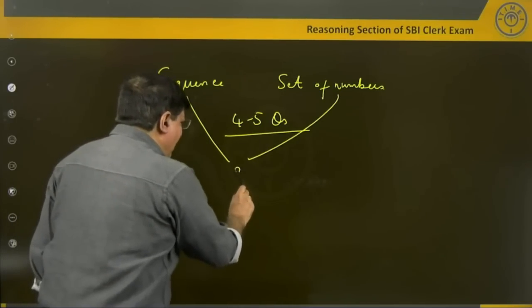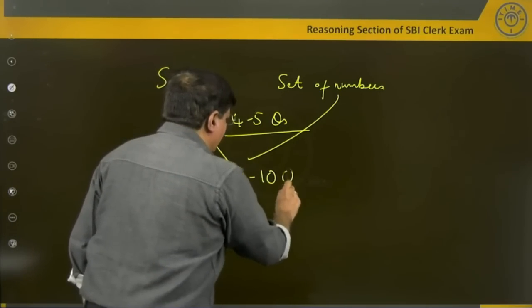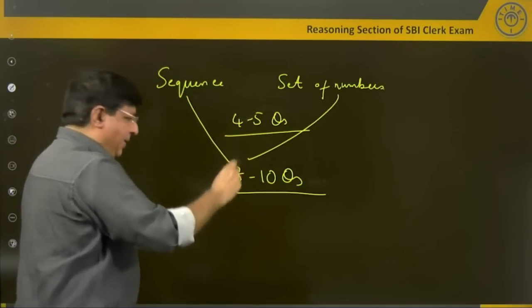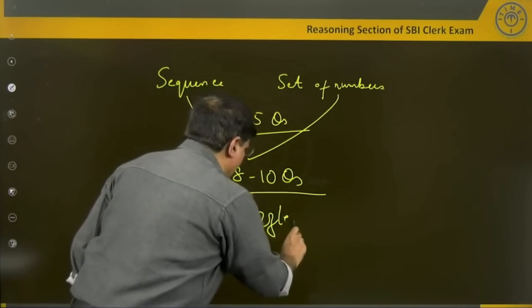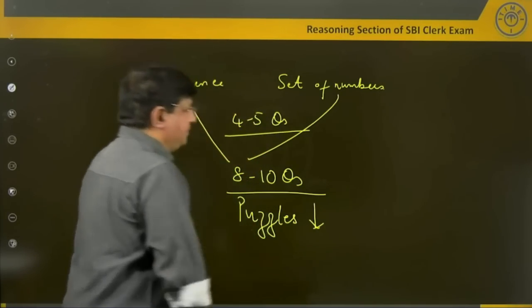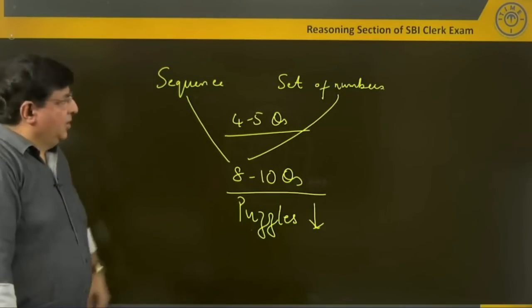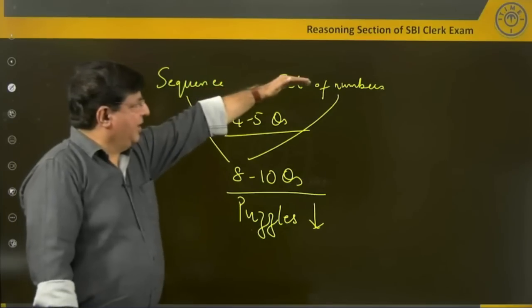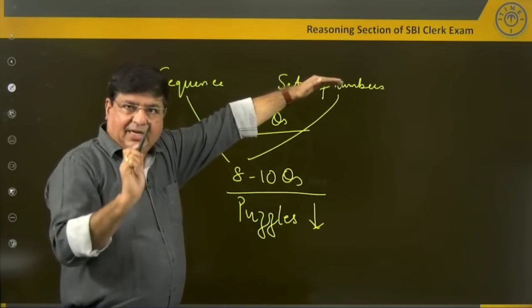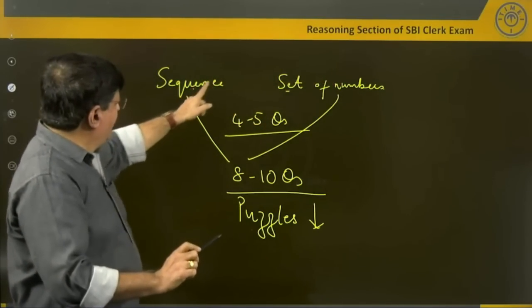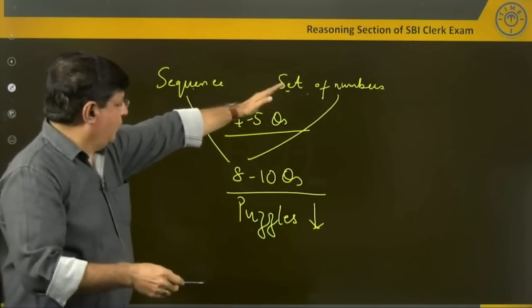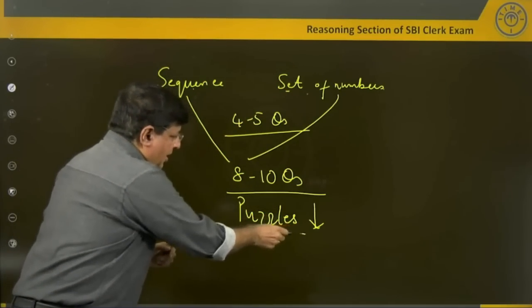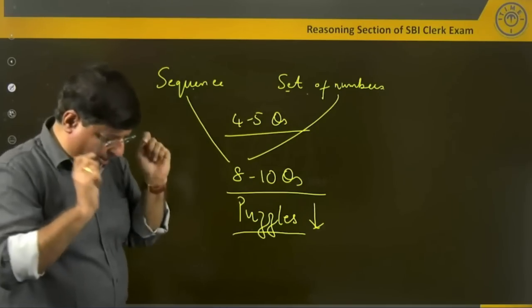You may get about 8 to 10 questions. If that happens, the number of questions from puzzles will come down. Okay? So sequence, set of numbers, definite questions either from this or from this or from both. When it is asked from both, the number of questions on puzzles will come down.